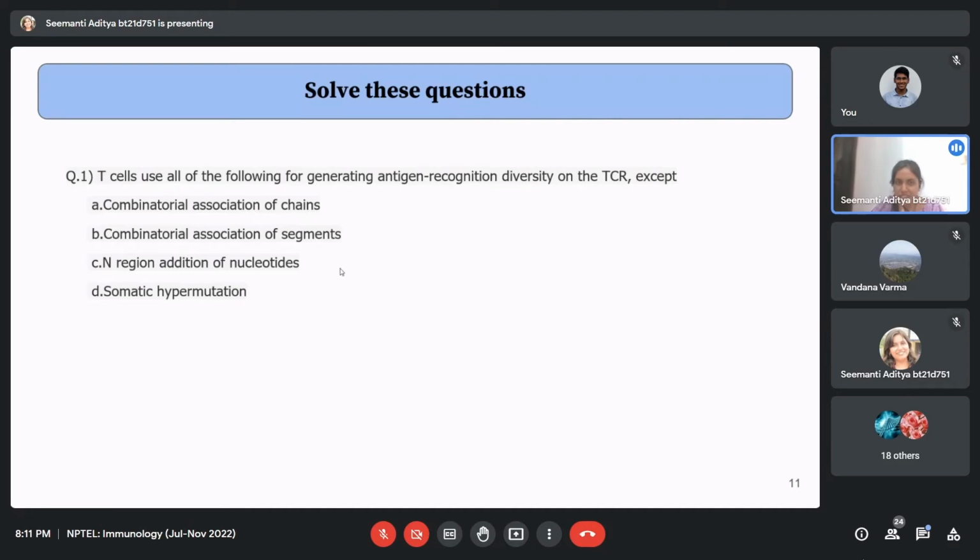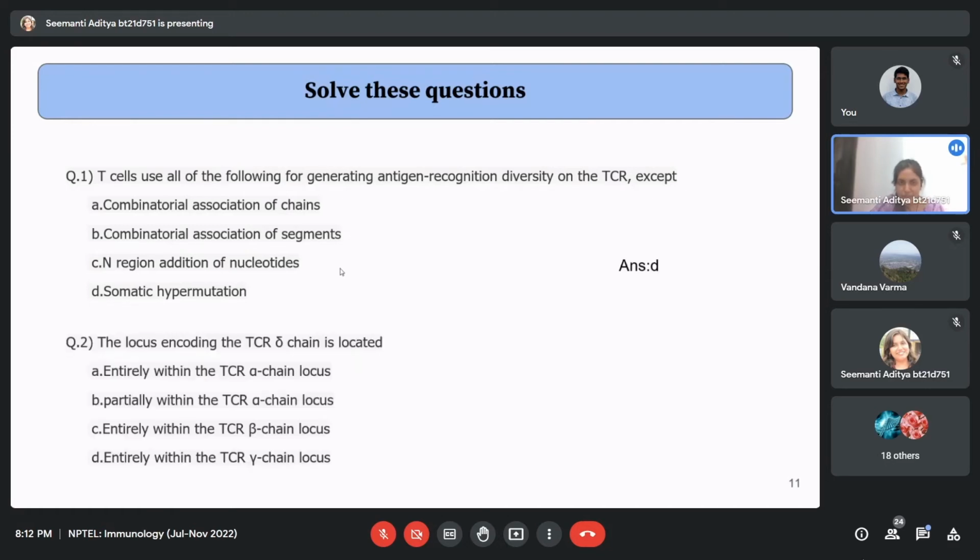Also, the end region addition of nucleotides, as I was saying: some nucleotides are added during cleavage by RAG1 and then by TdT, so those nucleotides also add diversity to the TCR. But somatic hypermutation is restricted to B cells, so T cell receptors will not undergo somatic hypermutation.